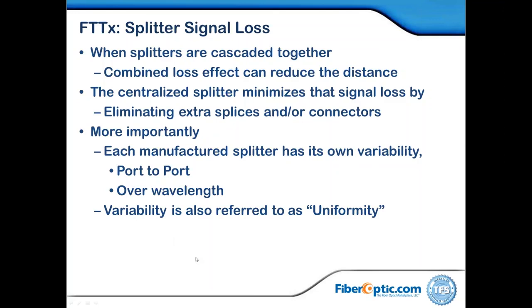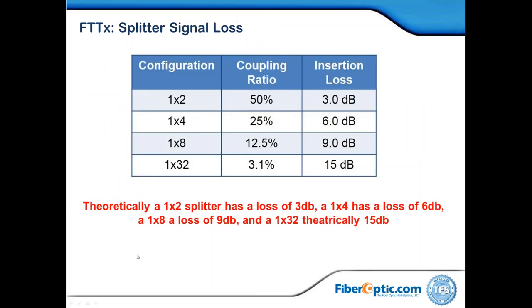So what we want to take a look at is, what are the losses through these splitters? You heard me say substantial. This is pretty much a little chart that calculates it so you don't have to do the math, so to speak. A 1:2 splitter, which is a 50% split of the power, or the light signal ratio, gives you 3 dB loss. There's your 3 dB rule of power.